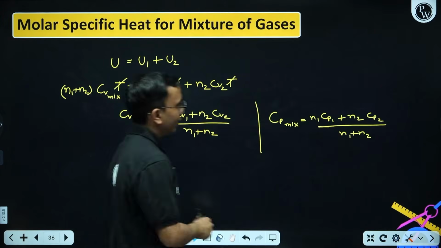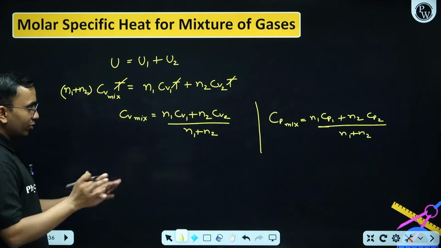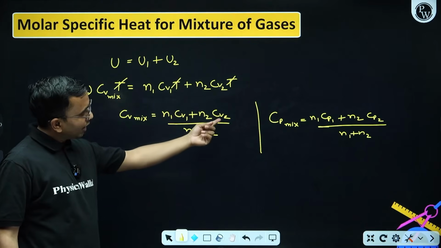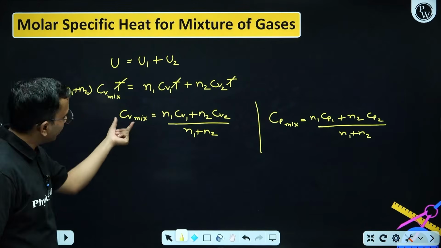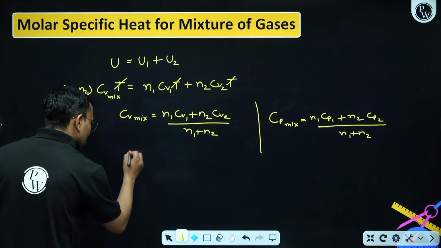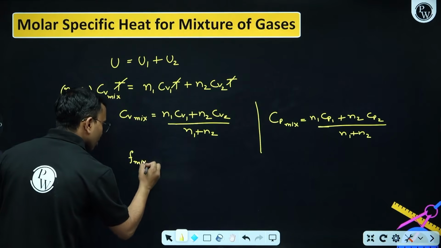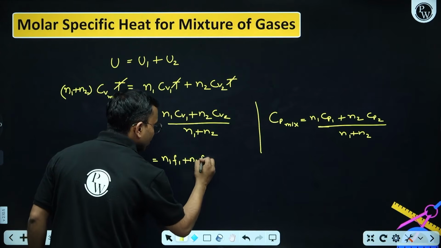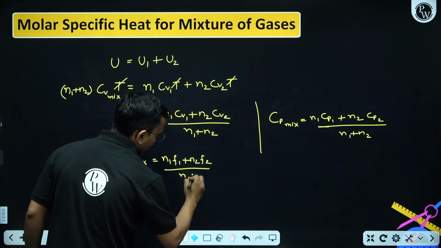And if you have to write the degrees of freedom, in that way also you can write like this: F1 by 2R, here F2 by 2R, and here F mixture by 2R. So my F mixture, the degree of freedom of the mixture, will come out as N1 into F1 plus N2 into F2 divided by N1 plus N2.